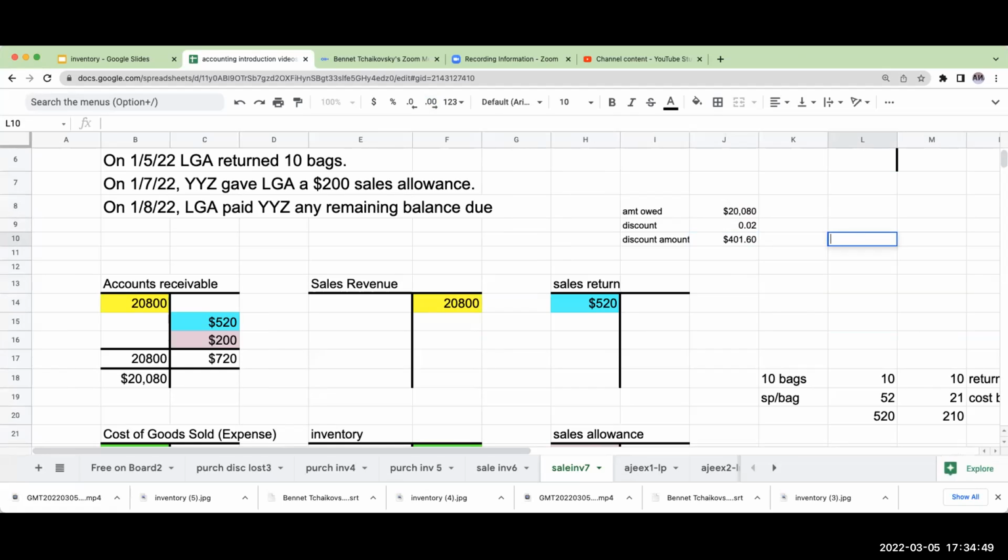The amount of cash I'm going to be receiving is my amount owed less the discount amount of 401.60, so I'll be receiving $19,678.40.